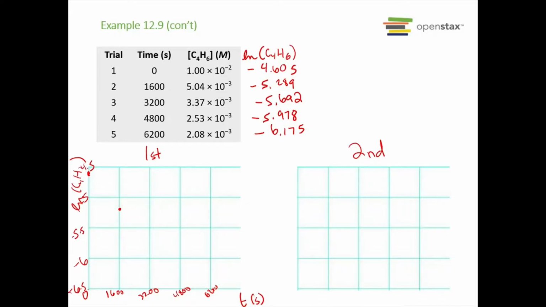Then 3200, negative 5.692. About there. Let me move this down a little bit. Right about there. Okay, at 4800, we have negative 5.978. That's basically 6.